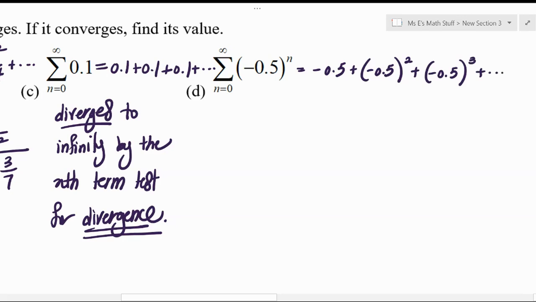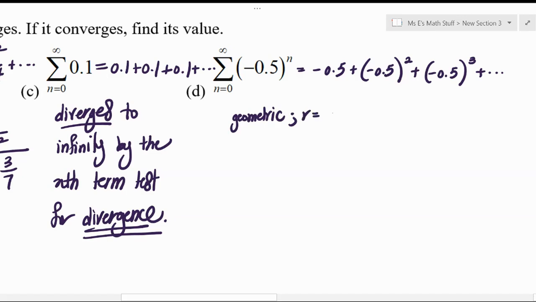Up to you if you wanted to expand it, but I would definitely say that the terms you can see do go to 0. That doesn't mean that it converges. It just means that you don't know for sure that it diverges. It could go either way. But this one also is geometric. So I'm going to use the geometric argument here, and that would be the only argument that would be acceptable on this one.